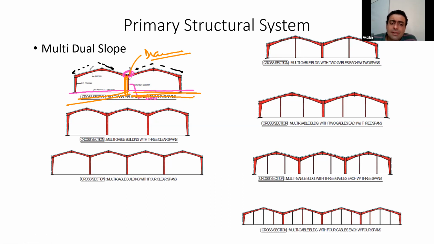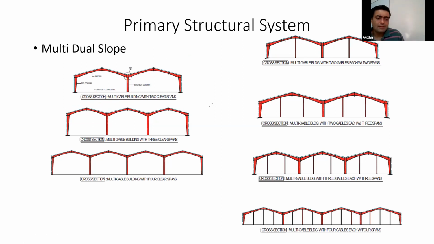So this system is not a very good system, but when you have large spans, this is what you have to do. All right. Is it clear? So water drainage is an issue, but you have to deal with it.